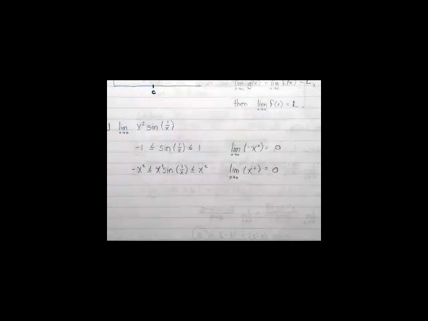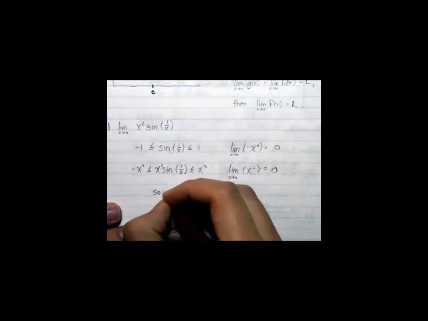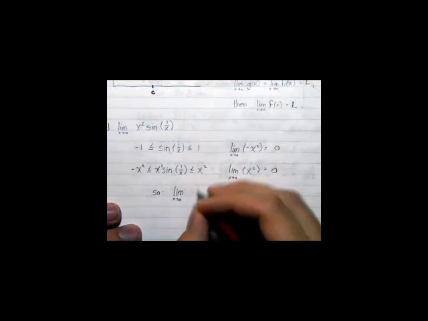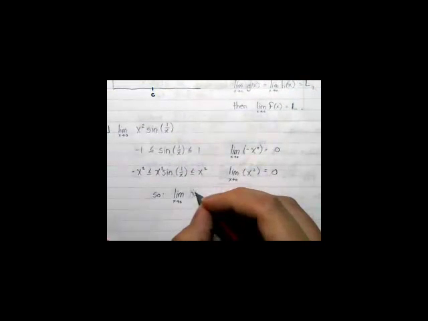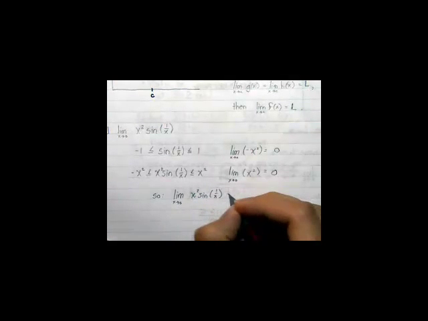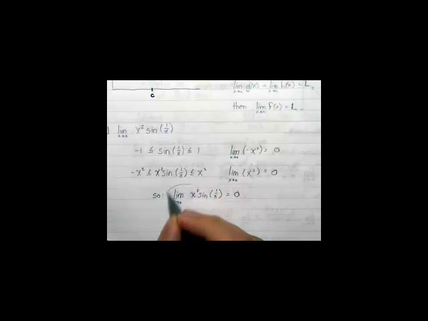Yep, it's got to be the same thing. So this would be the limit as x approaches 0 of x squared sine 1 over x equals 0.